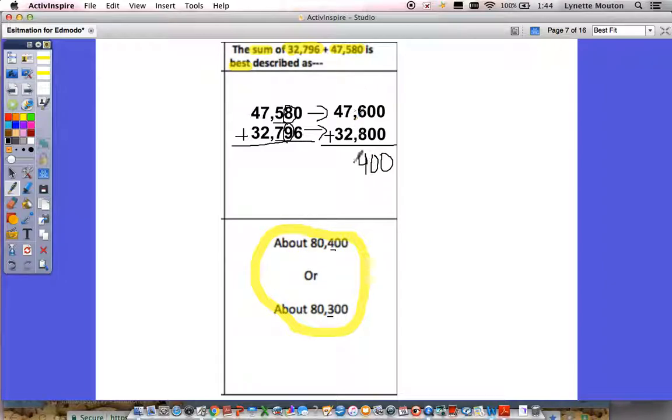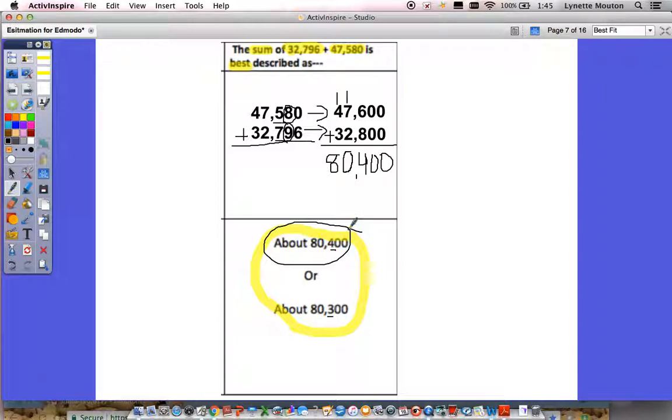Write down the 4. Regroup your 1. 7 plus 2 is 9, plus the 1 you regroup makes 10. That's where that extra 0 came from. That 0 there, that was the tricky one. 4 plus 3 is 7, plus 1 is 8. 80,400 is your answer, so that would be the correct one.